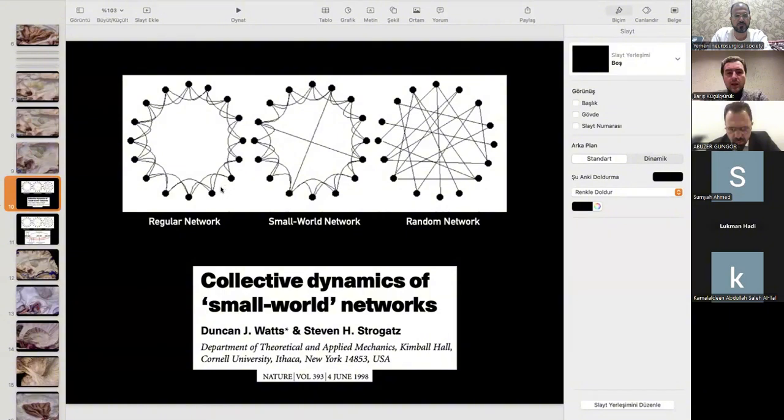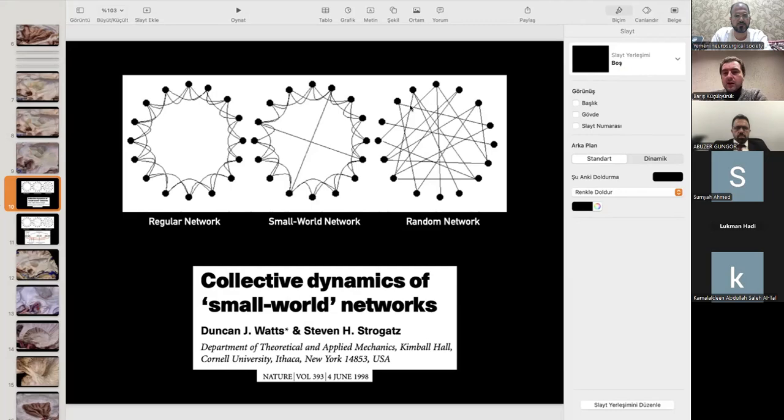Basically, it says the best way to carry information is forming short fibers or short paths between the hubs. But this is a very slow way of carrying information, because you need to carry it very slowly from each hub to each hub. And you will also use too much energy.